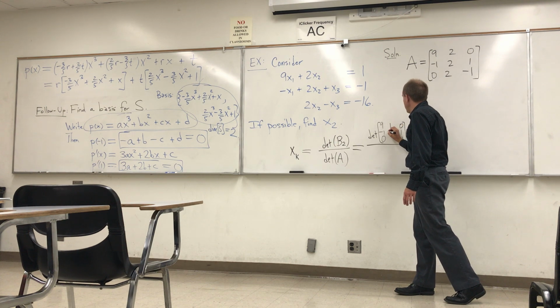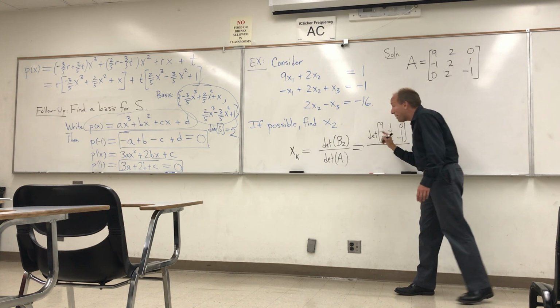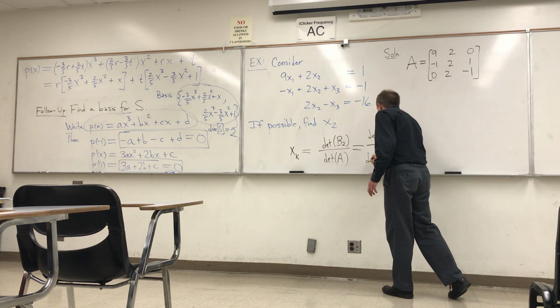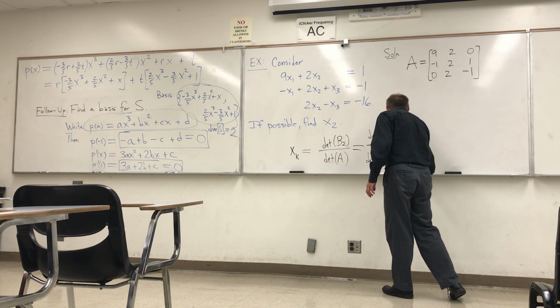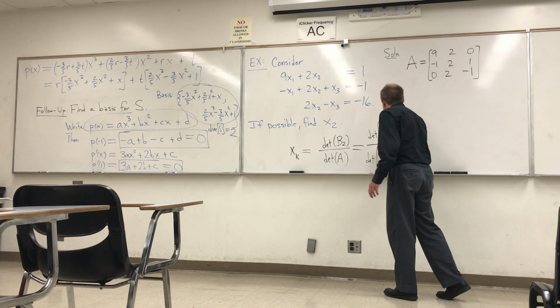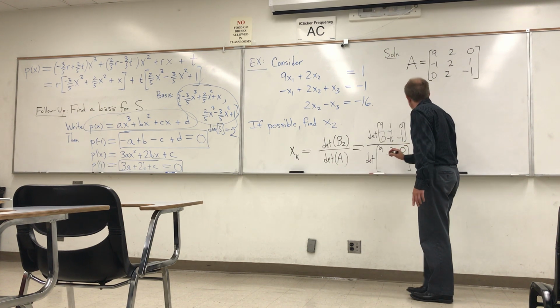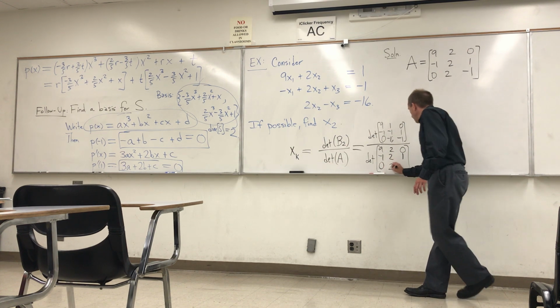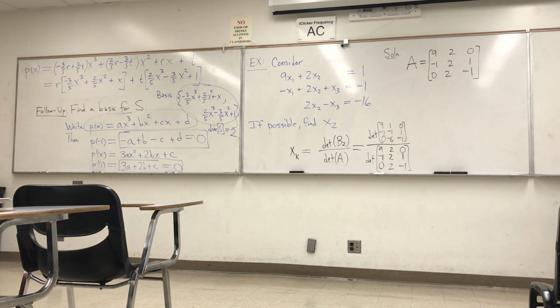So we have 1, negative 1, and negative 16. So that matrix goes on top, right? And then on the bottom, we have to put the determinant of the matrix A itself. So this is 9, 2, 0, negative 1, 2, 1, and 0, 2, negative 1, like that. So we have to divide these two numbers together.